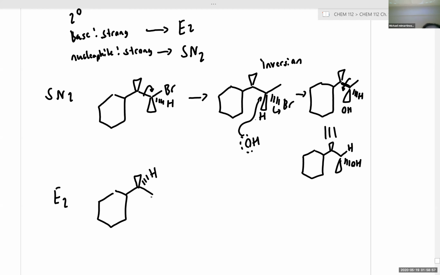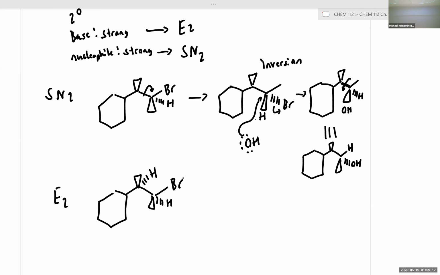So to help us visualize both of these reactions, let's take a moment and make a model kit. Let's make a model. Professor, I have a question. Yes. For the SN2, how do you know you've rotated it enough for the inversion?